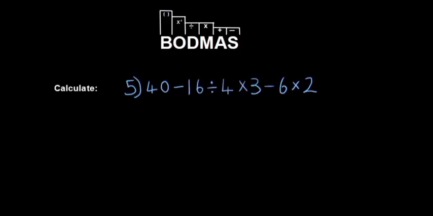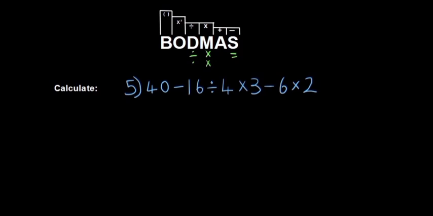In this problem, we have subtraction, division, and multiplication. So because division and multiplication are higher level operations than subtraction, we're going to work with division and multiplication from left to right.